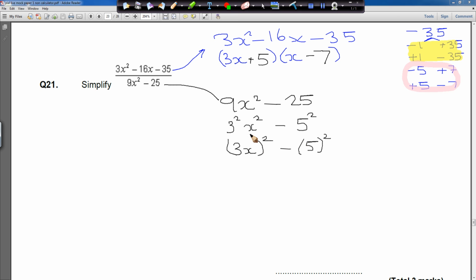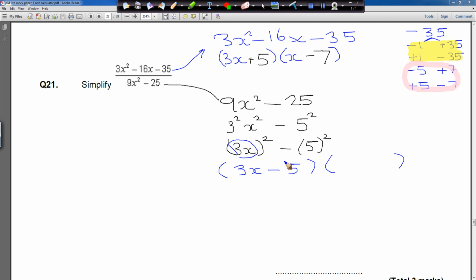Now when you factorize, when you put these into factors, we have a special template. So we copy down 3x first of all, copy all that down. We copy down the minus, we copy down the 5 from here.